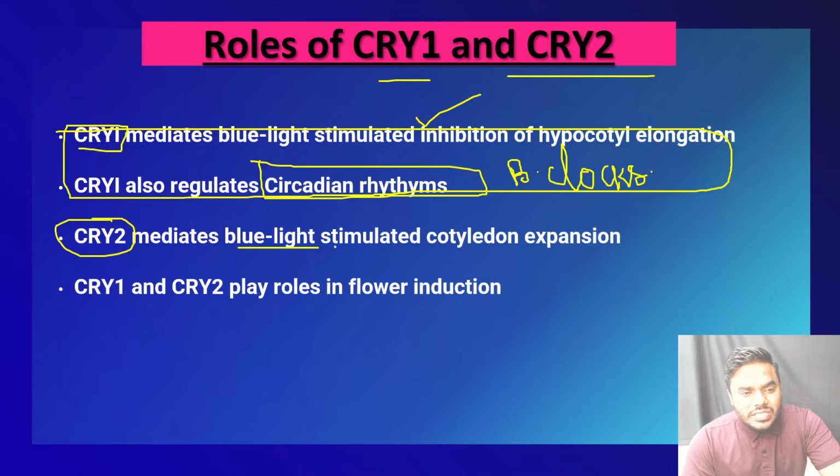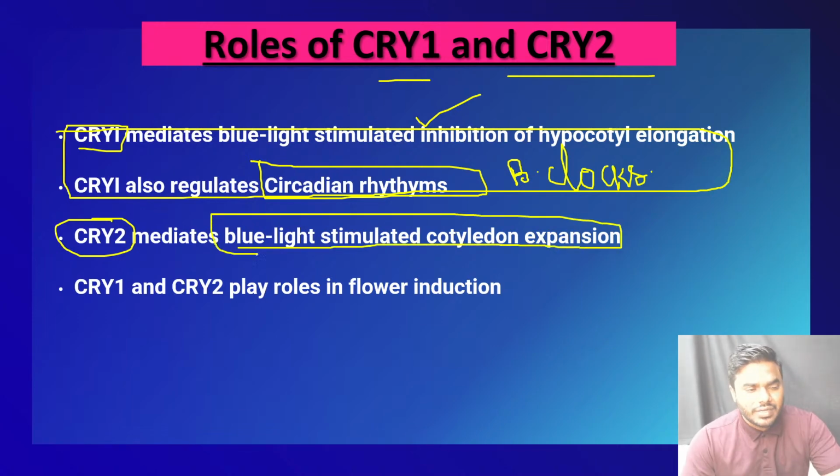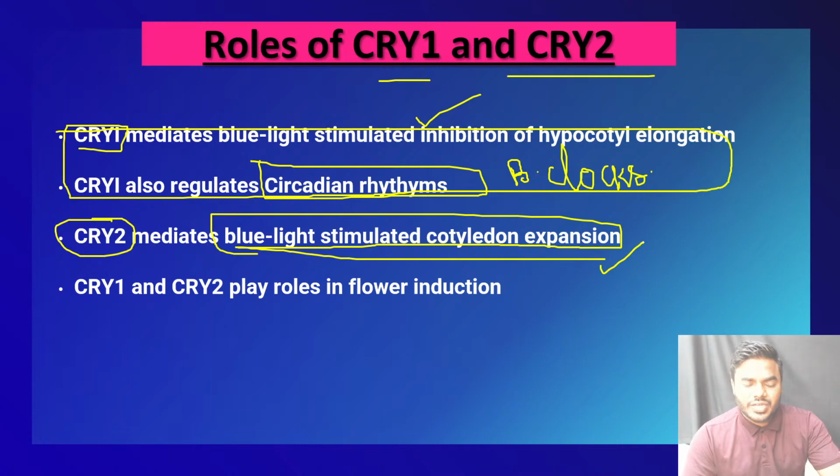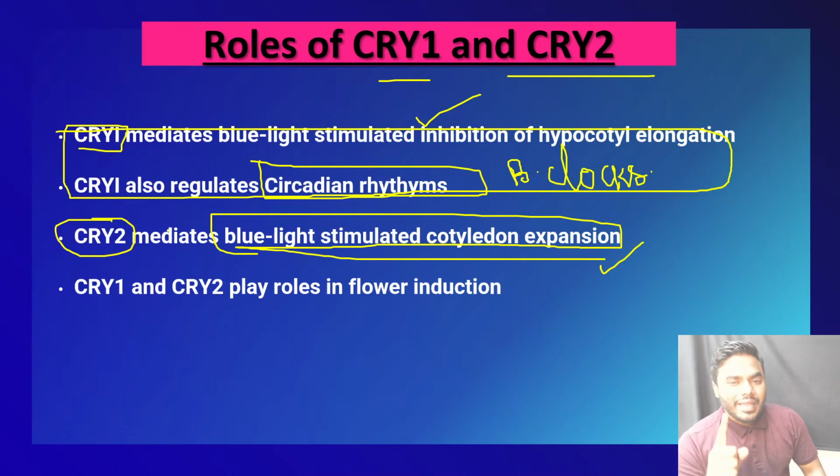It mediates blue light stimulated cotyledon expansion. Kindly don't confuse this. Cry2 alone is responsible for cotyledon expansion. Cry1 alone is responsible for inhibition of hypocotyl elongation and regulating circadian rhythm.